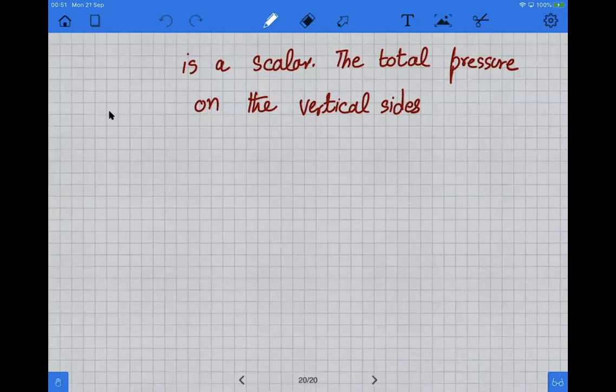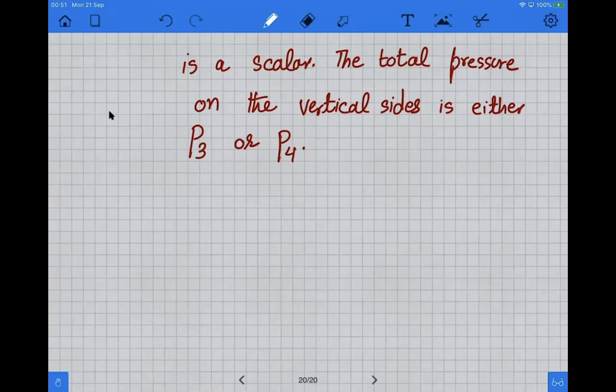The total pressure on the vertical sides is either P3 or it is P4, yet it will not be added up or subtracted, because if you double the sides, the area will become double and the force will also become double and the pressure will remain same. So we can call that P3 is equal to P4 is equal to P on vertical walls.